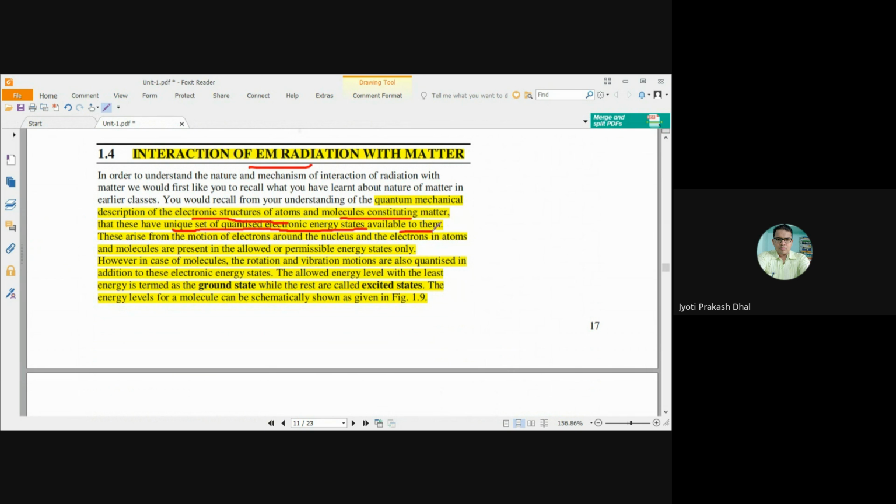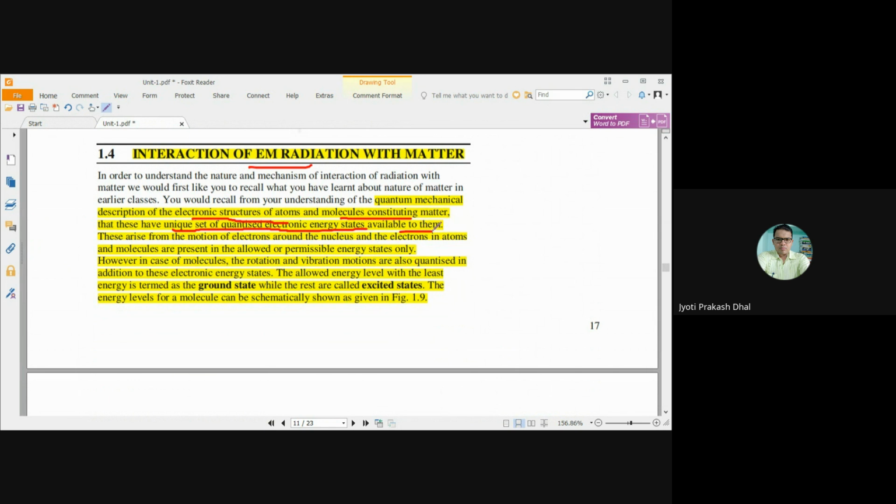Because we know that for atoms and molecules, a unique set of quantized energy levels are there. If you consider an atom, the quantized energy levels are K, L, M, N shells, etc. And if we consider a molecule, the molecular energy levels are there, just like sigma 1s, sigma star 1s, sigma 2s, sigma star 2s.